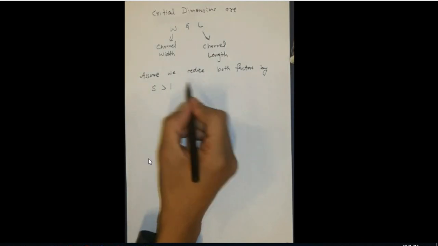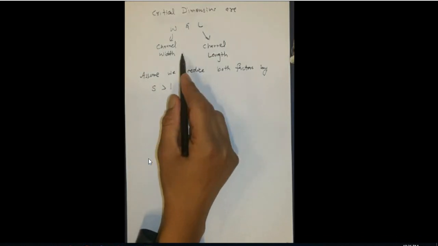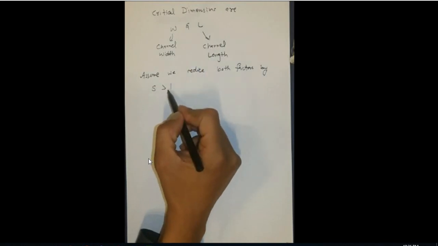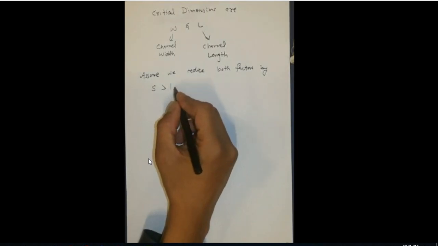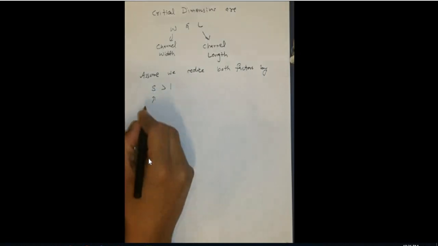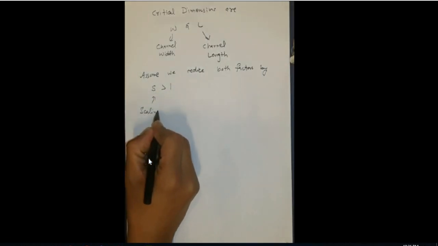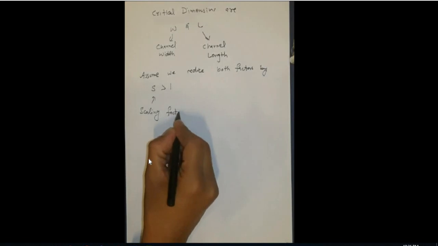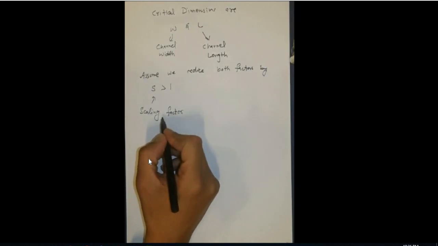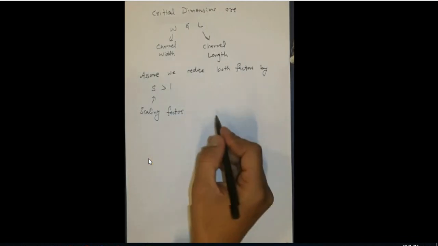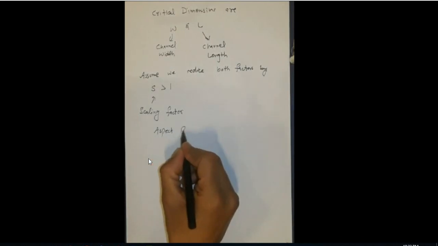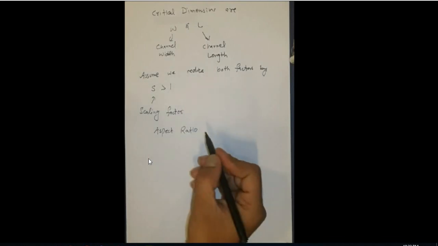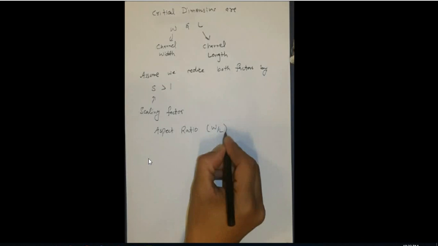So we are reducing W and L with a scaling factor given by S. This S is our scaling factor, and we have to find the aspect ratio. The aspect ratio is normally W by L.